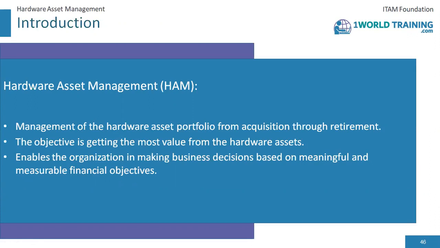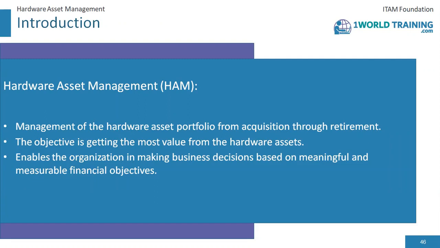As we discussed before, it is the management of hardware assets right from the stage of procurement to the retirement and disposal. I have given you examples in the first module, so it is the same example that I want you to recollect again. You want to purchase a desktop or a laptop or a server. It starts with defining a strategy. After building a strategy, you select the kind of laptop, desktop, or server you want to purchase.